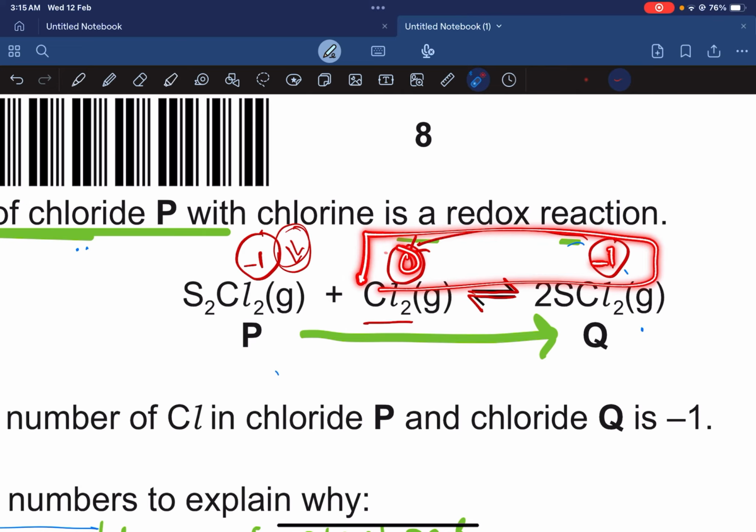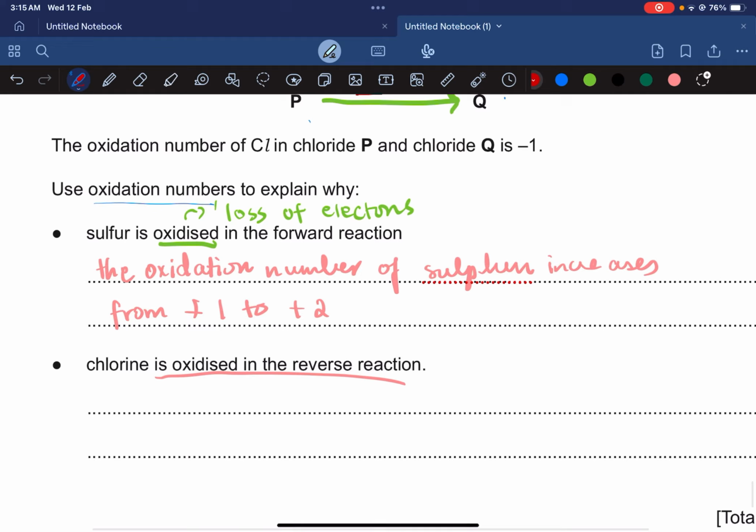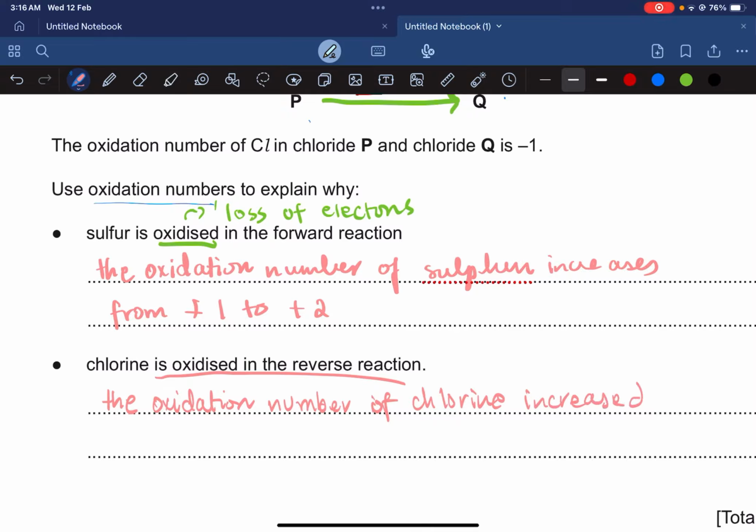So we are going to write that chlorine has been oxidized because the oxidation number increased from -1 to 0. Let's move on.